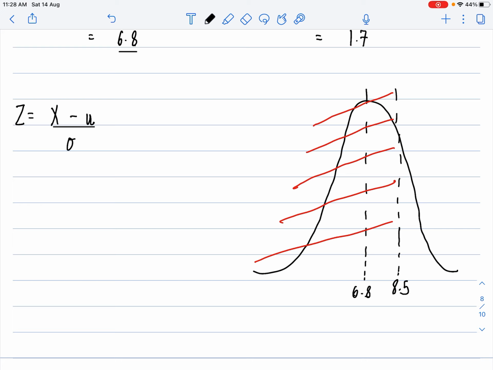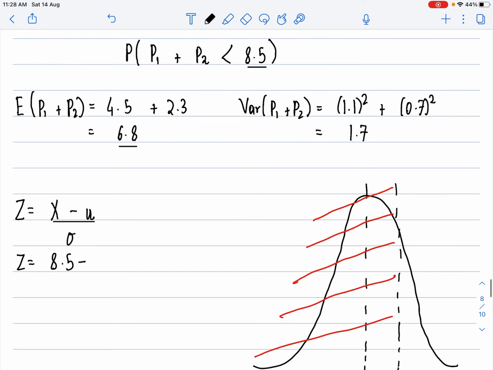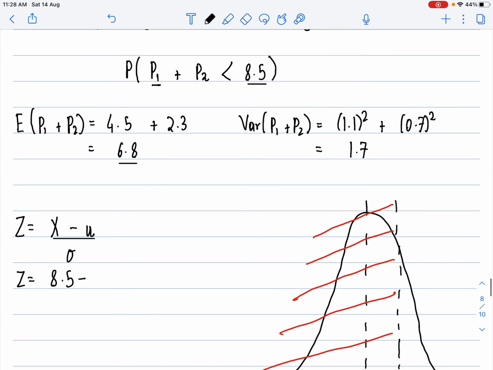So now the z value will be equal to the constant which you have, in this case 8.5, that's the value, minus the mean. The mean will be the combined variable, because P1 plus P2, the two variables combine together to form one variable, which gives the mean of 6.8.